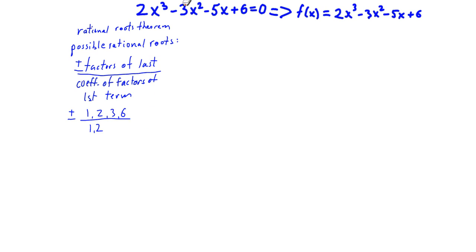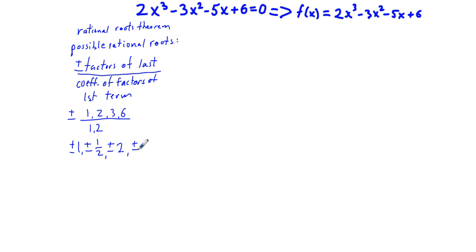And so we make the combinations of these to find our list of potential rational zeros. So we have, first of all, plus or minus 1 over 1, which is 1, plus or minus 1 over 2. Next we have plus or minus 2 over 1, which is plus or minus 2. Next we have plus or minus 2 over 2, which is just 1. We've already represented 1.